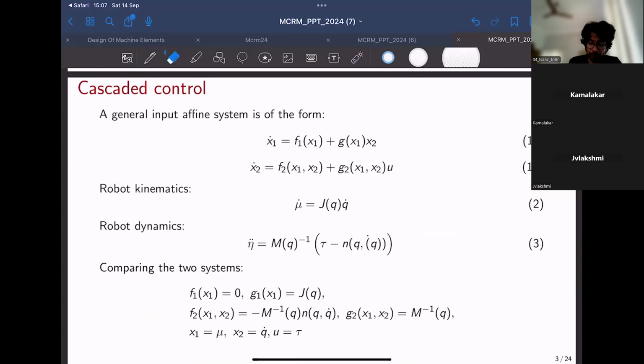So depending upon how these x dot vectors are, we can actually see how the system is going to behave.